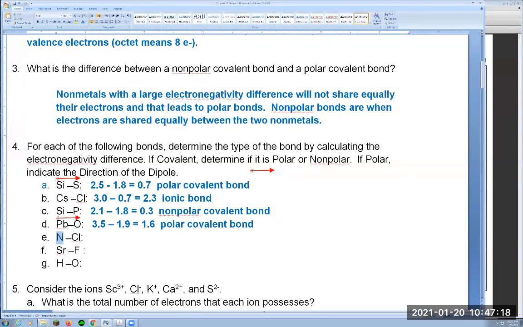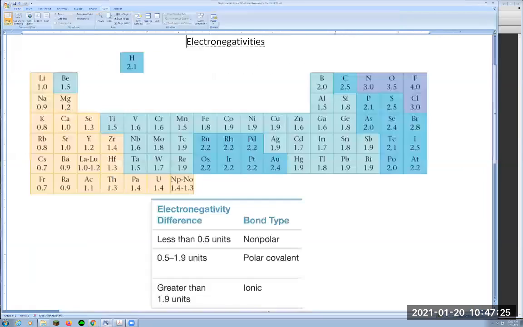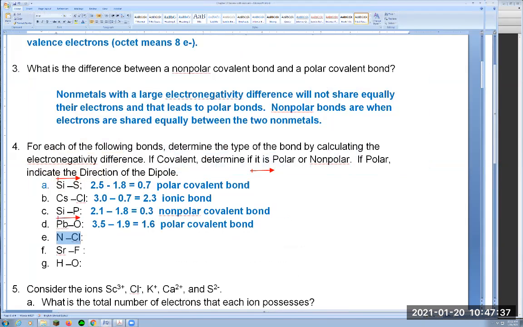Next, nitrogen and chlorine. So chlorine has a value of 3.0. Nitrogen is also 3.0. You see they are both in the upper right corner of the periodic table. So then you do 3.0 minus 3.0, and that's 0.